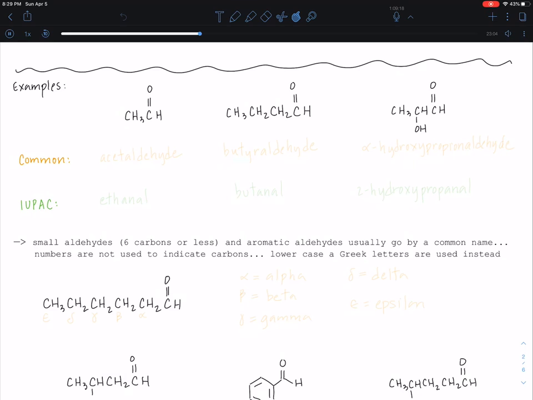carbons. So the common name for that, if we look up at the top here, we see this is acetic. It comes from acetic acid, right? Was the carboxylic acid, but with 2 carbons being the aldehyde, and I'm sure you've heard of this word before, instead of acetic acid, we have acetaldehyde.